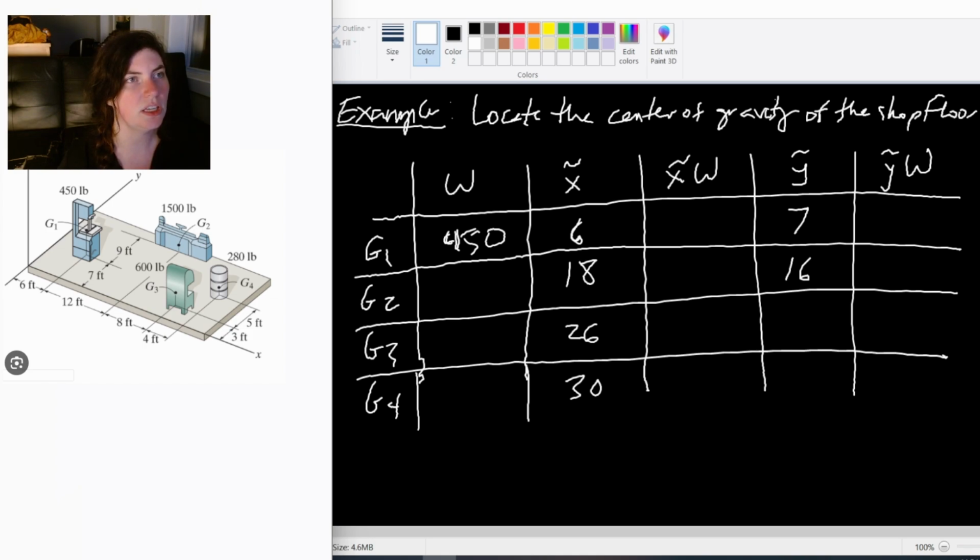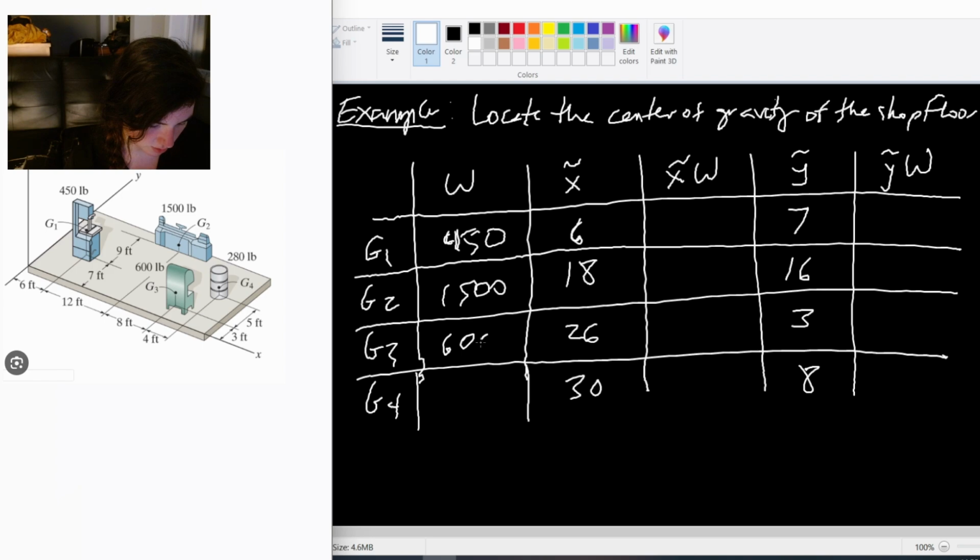That green thing is G3, so it is 3 feet out from the x-axis. And then my G4 is another 5 feet out from that for a total of 8 feet. Then I can finish writing in my weights. I didn't write those in, so my G2 is 1500, G3 is 600, and my G4 is 280.